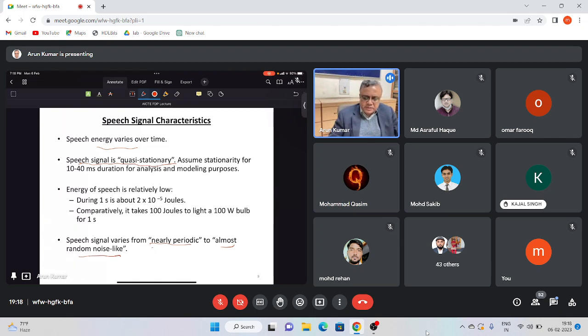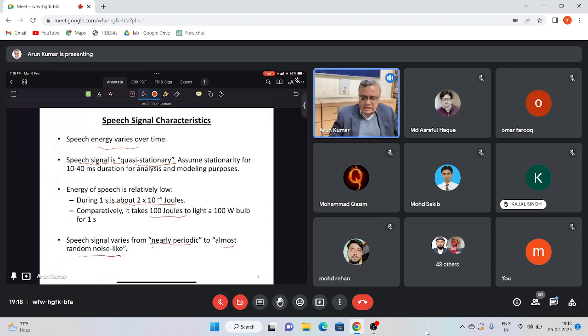The energy of the speech signal relatively is very low. During 1 second, it basically produces about 2 into 10 to the power minus 5 joules of energy. And comparatively, if we want to light a 100-watt bulb for 1 second, then it consumes 100 joules of energy.